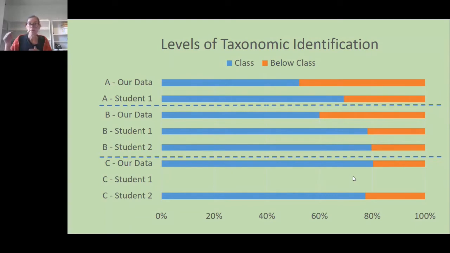And so their lists of identifications won't be as representative of what is in the sample as the list of somebody who's more experienced. So we would expect a lower degree of diversity in the student analyzed samples.